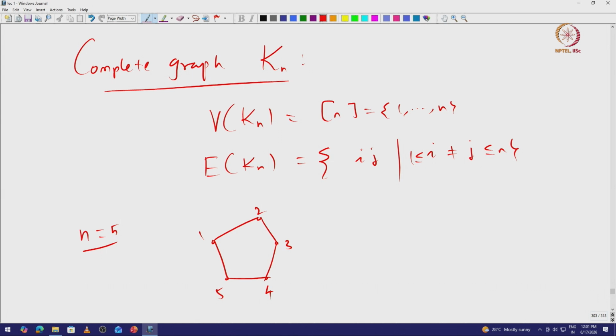Now you just join, 1 is joined with 2, 3, 4, 5, and then 2 is joined with 1, 3, 4 and 5. Similarly 3 is joined with 2, 1, 4 and 5, and then 5 is joined with this. Okay. So this is what is called K5, the complete graph of size 5.